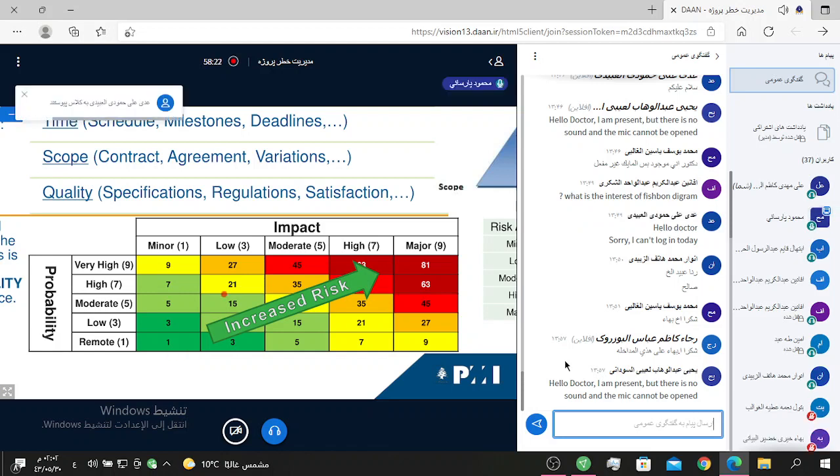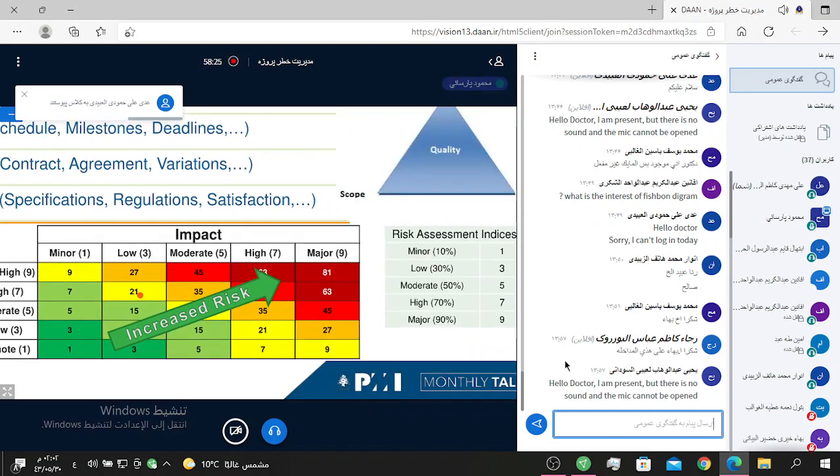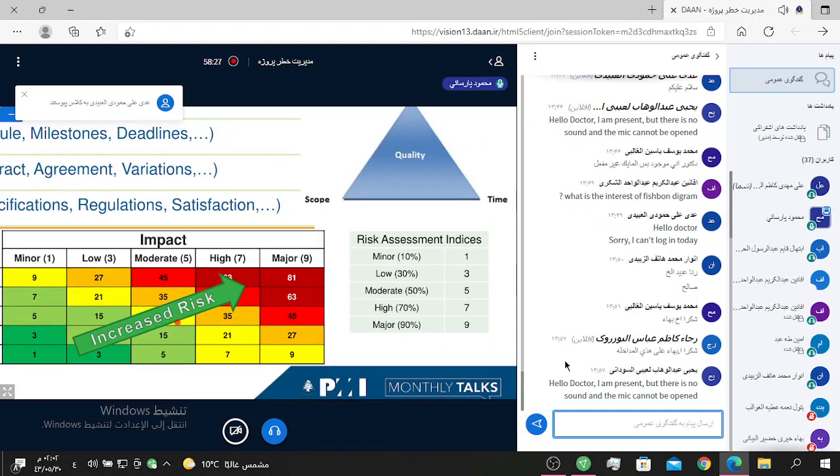And the top boxes or components of this matrix will have the high risks.